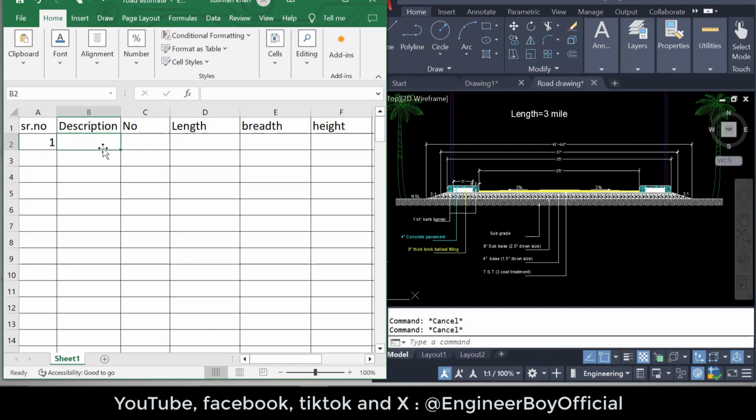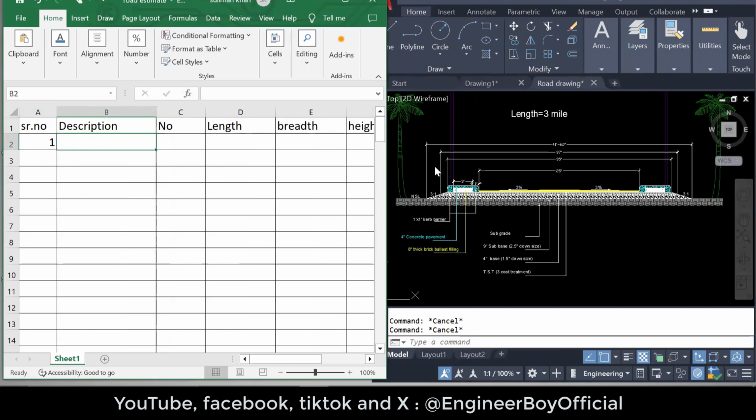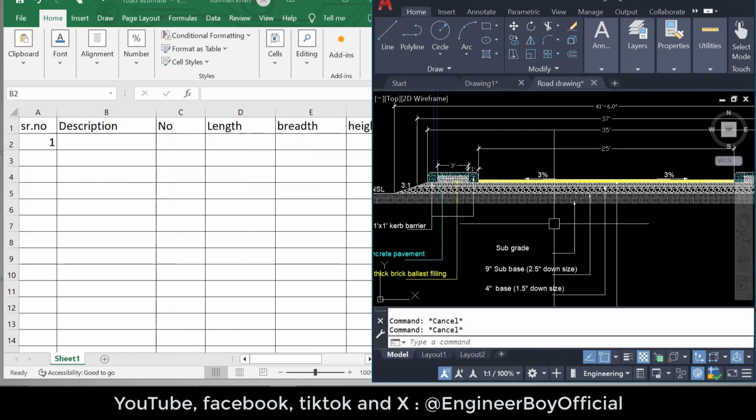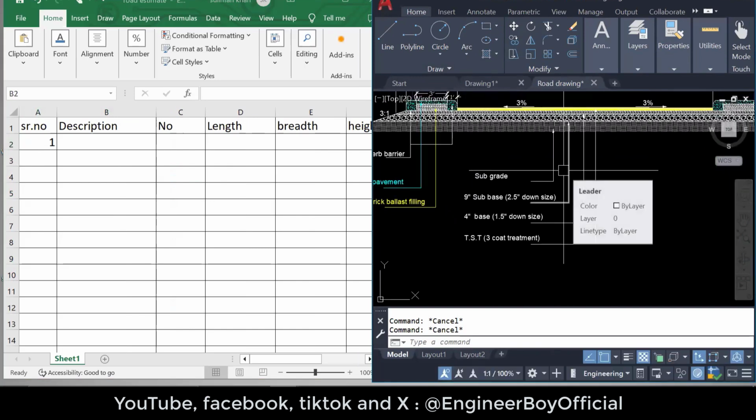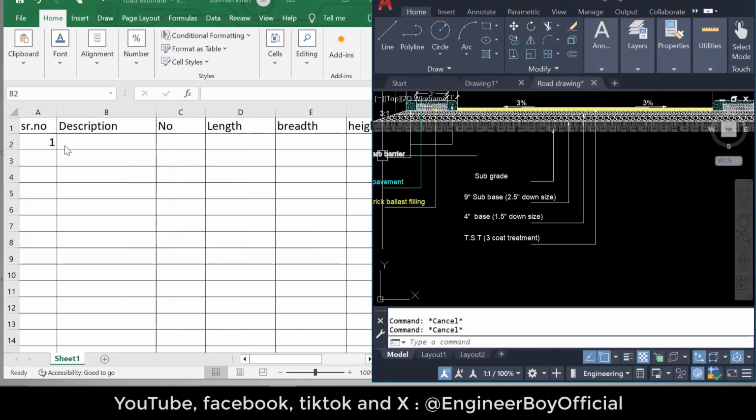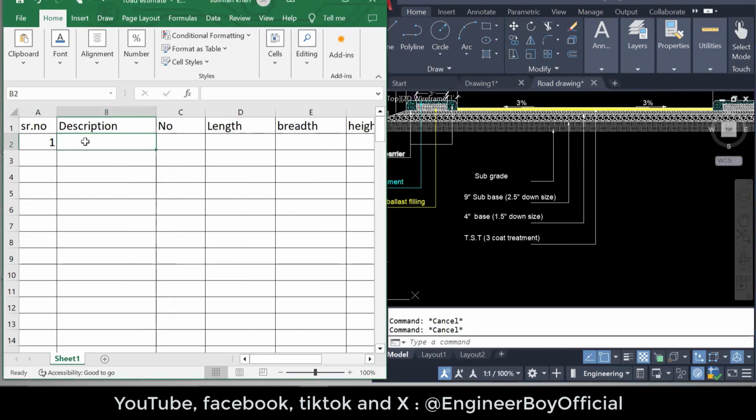And in the description, I'm going to have a description for the subgrade, because the first thing is just to prepare the subgrade, just the same way as we did a few minutes ago for the waterbound macadam road. So I'll type preparing of subgrade, and this includes camber and gradient, etc. You should be familiar with camber and gradient.